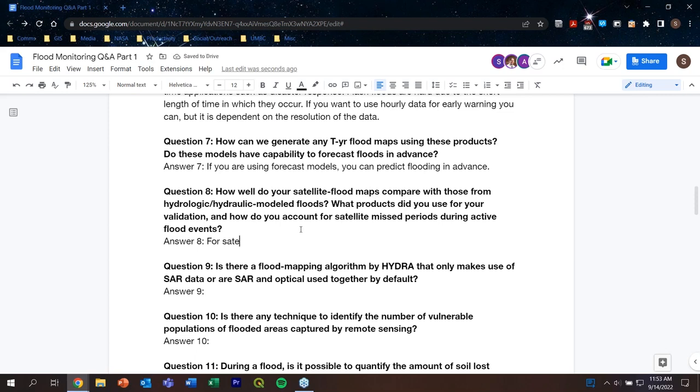It's the other way. Models sometimes use satellite-based data for validation. So for validation, generally it is the in situ data that are used. So if there are stream gauges or rain gauges, those are used. Rain gauges can tell you that yes, the precipitation used was correct, and stream gauge data are basically used for validation of the satellite-based flood model.